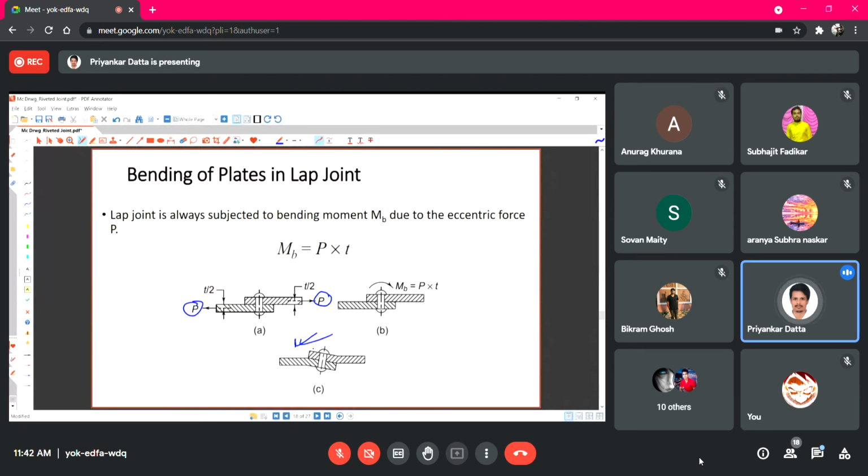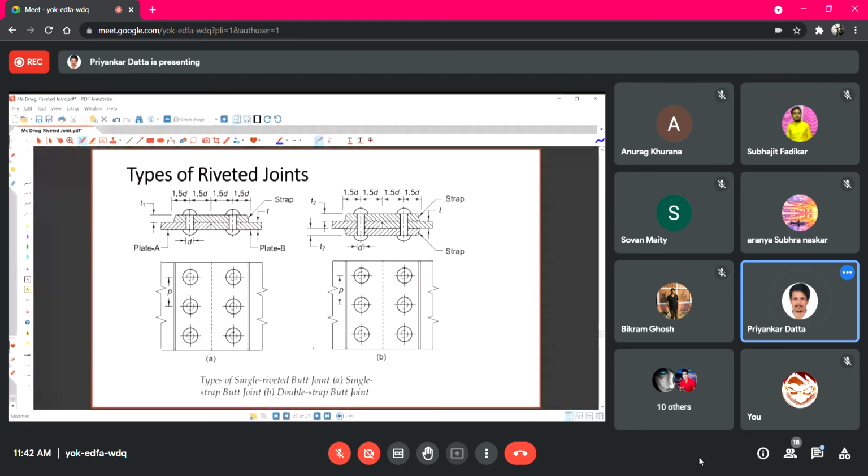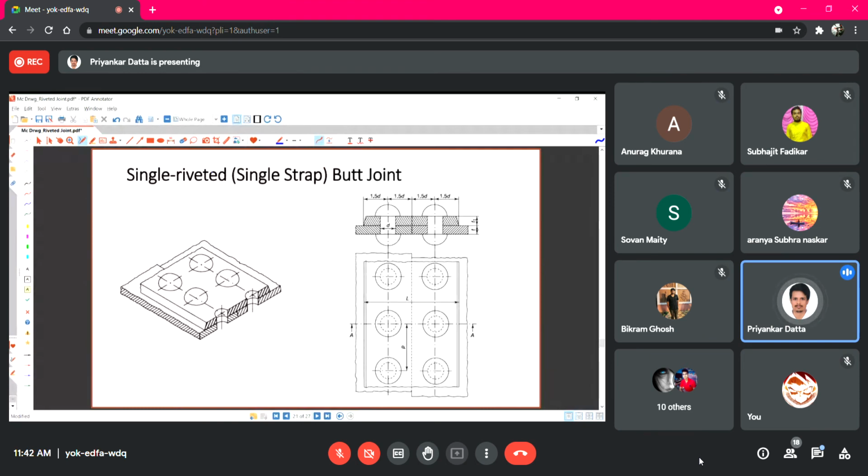In case of butt joint, we add one additional plate above the two joining plates. Again, if I show you the isometric view, it will be clear. So this is the original plate 1 and this is original plate 2 that are to be joined. They are placed butting with each other. Butting means the face of plate 1 and the face of plate 2 are touching each other along the thickness cross section.